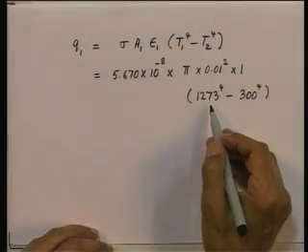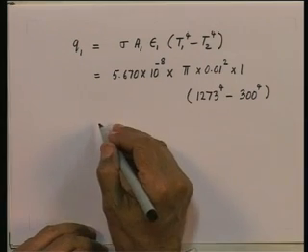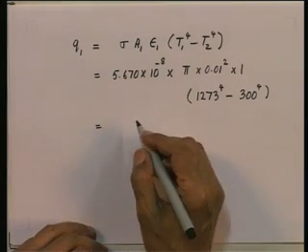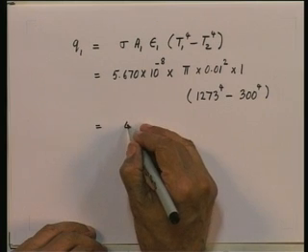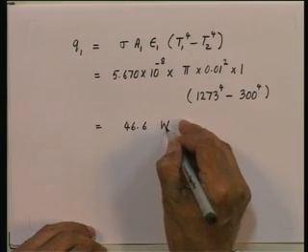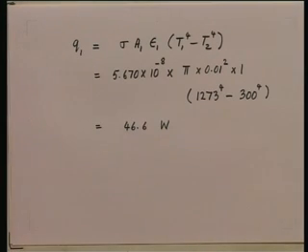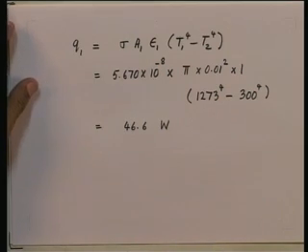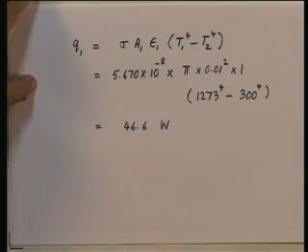So, we get 1273 to the power 4 minus 300 to the power 4, and that comes out to be equal to 46.6 watts. So, in this case, this is the rate at which heat is being lost by radiation from this opening in a furnace wall. All right.